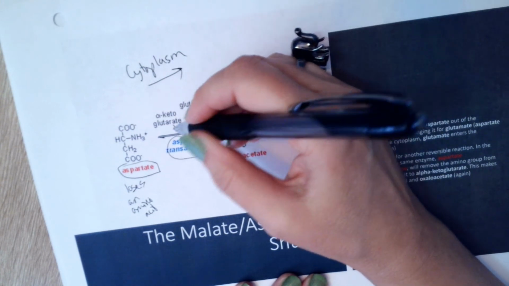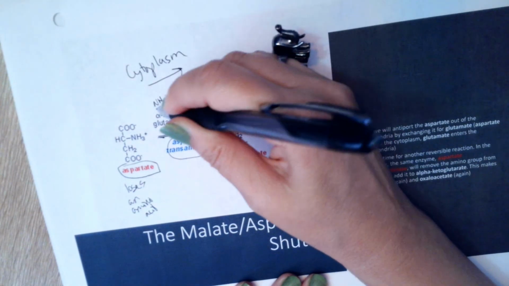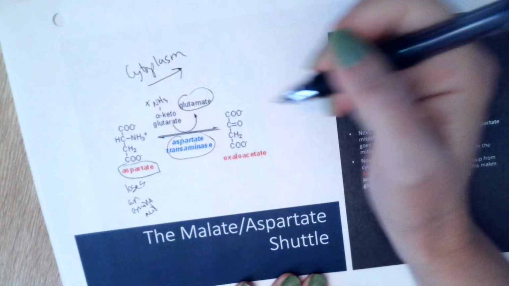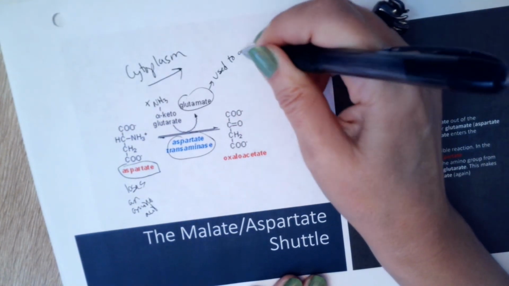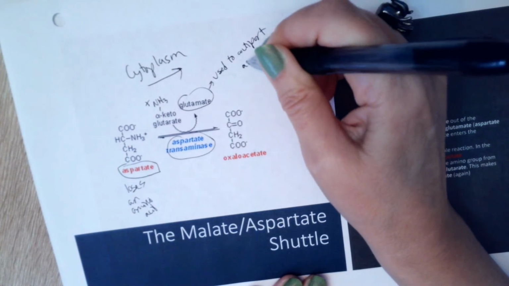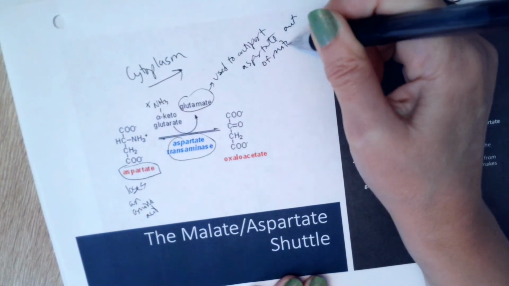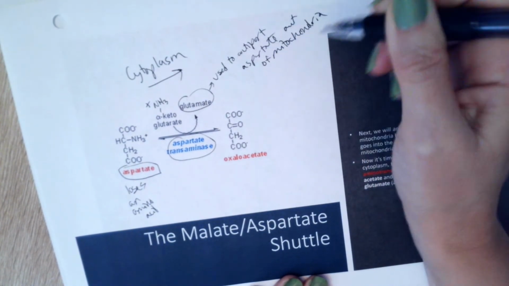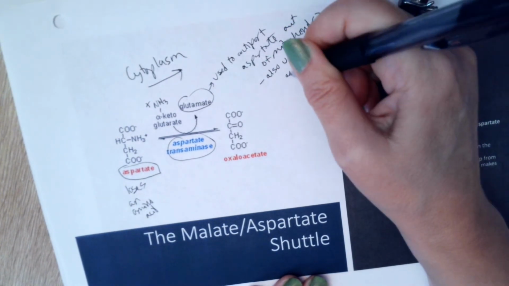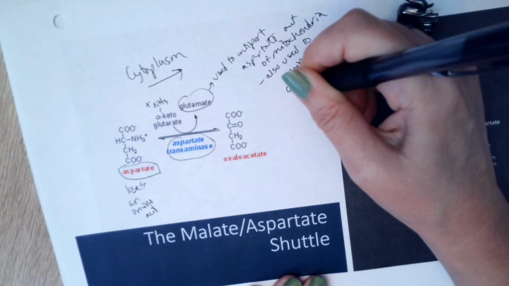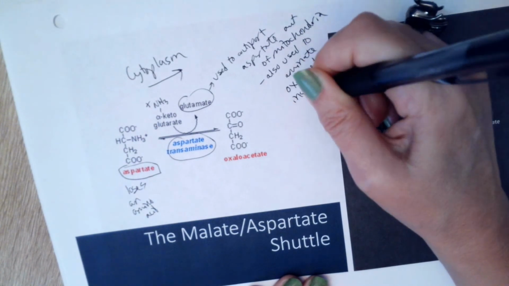It's going to put that amino acid onto the alpha-ketoglutarate, and that is glutamate. Remember, glutamate is used to antiport aspartate out of the mitochondria. And then it's also used to aminate oxaloacetate inside the mitochondria.